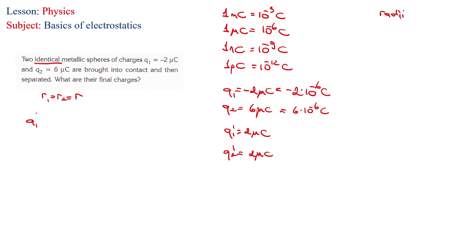Because I know that the formula of Q1 prime is Q1 plus Q2 over R1 plus R2, multiplied by R. Let me write it as 2R. I simplify this, and you see here the sum I have to divide by 2. By the way, since the radii are equal, of course that will be equal to the Q2 prime also. And since I have here -2 plus 6 divided by 2, you see here that I have 2 microcoulombs from both sides here.